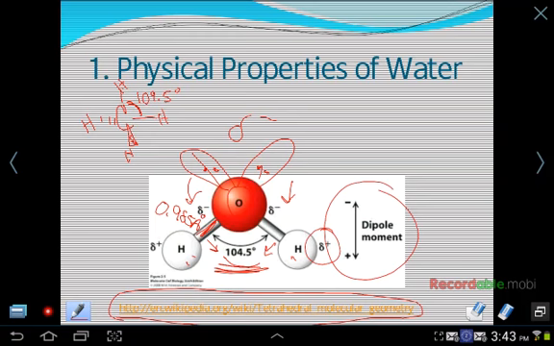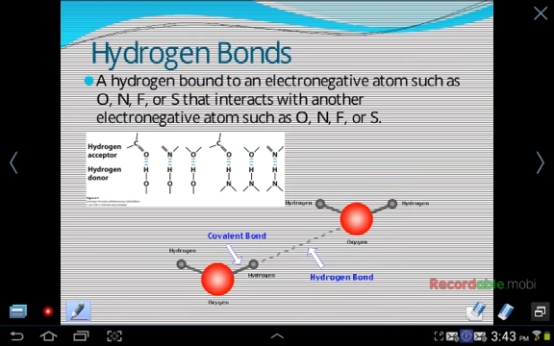And this dipole moment is really important because it's what allows water to hydrogen bond. Now, a hydrogen bond is where a hydrogen bound to an electronegative atom, such as oxygen, interacts with another electronegative atom, such as oxygen. As you can see in this table, we have a variety of different hydrogen bonds that can occur between our hydrogen bond acceptor, which is our electronegative atom, and our hydrogen bond donor, which is the atom that contains the hydrogen.